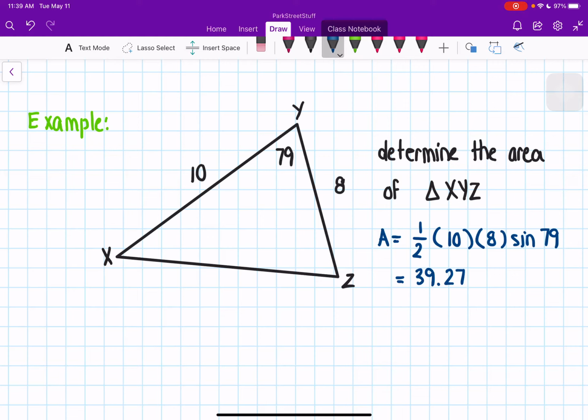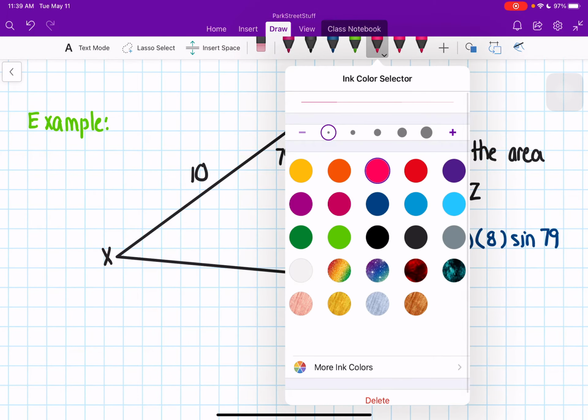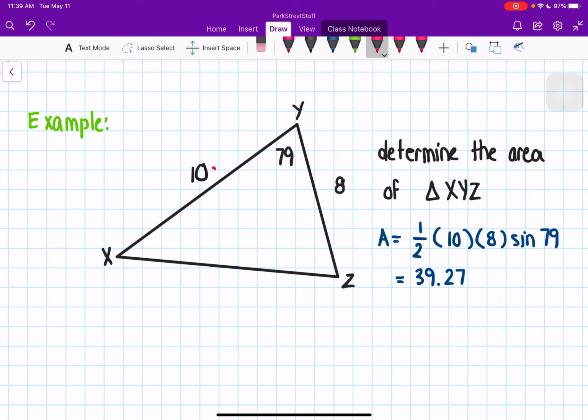And if we were given units, so if, for example, we were given centimeters, then we would put here centimeters squared. If we don't give any units, then what we do is we just say units squared.